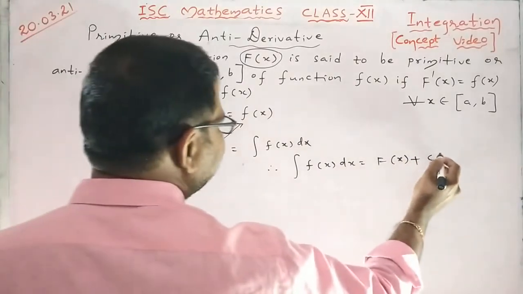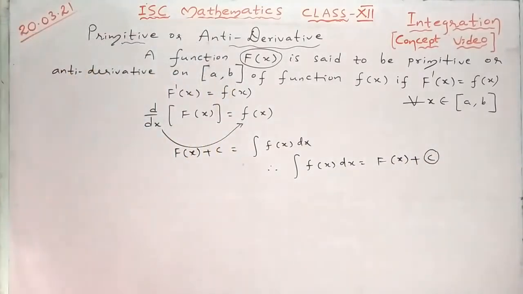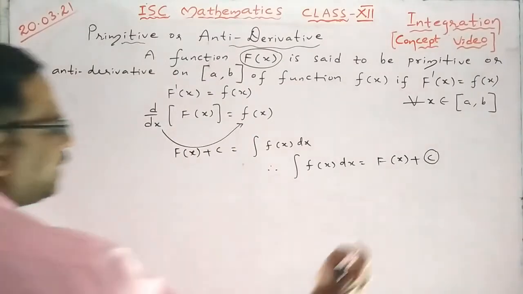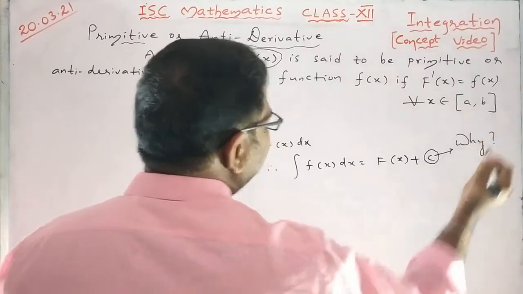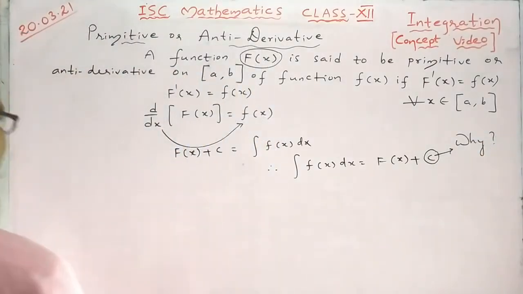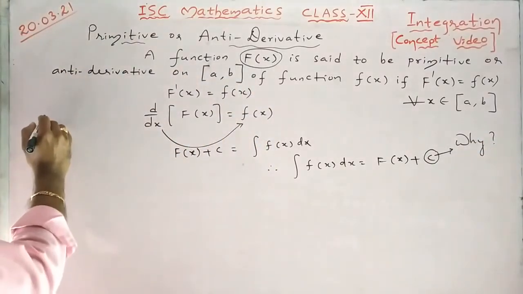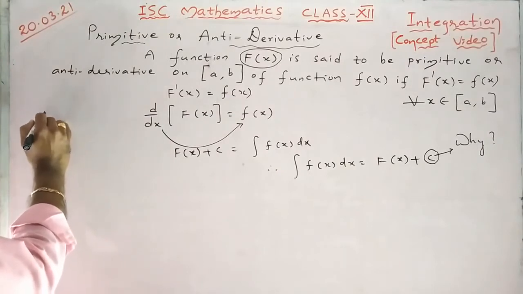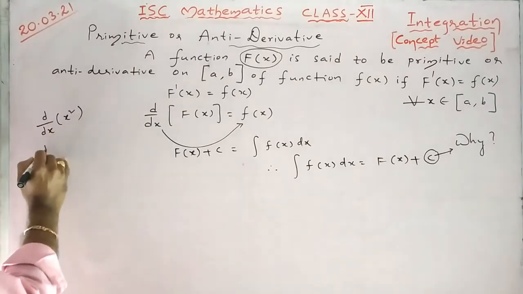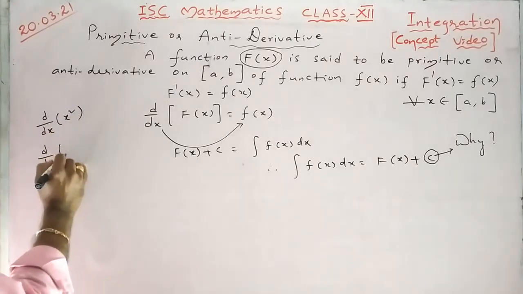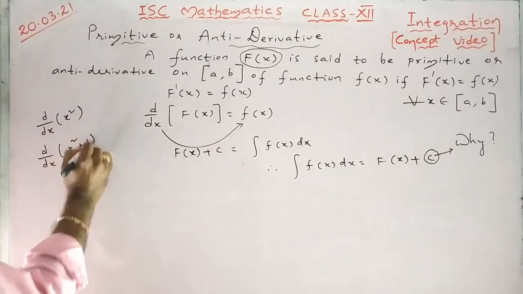Why should we write this c? What is that c? Let me explain with one example. What is the derivative of x square? What is the derivative of x square plus 1?